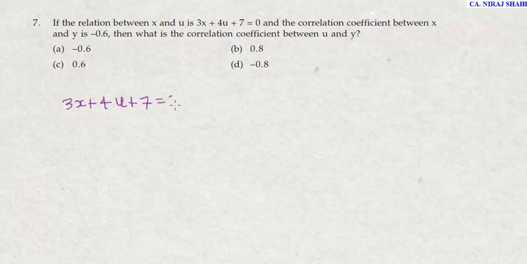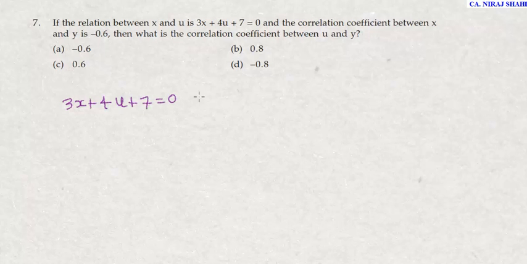If the relation between x and u is 3x plus 4u plus 7 is equal to 0, and the correlation coefficient between x and y is minus 0.6, then what is the correlation coefficient between u and y? The relation between x and u is given by the equation 3x plus 4u plus 7 is equal to 0.